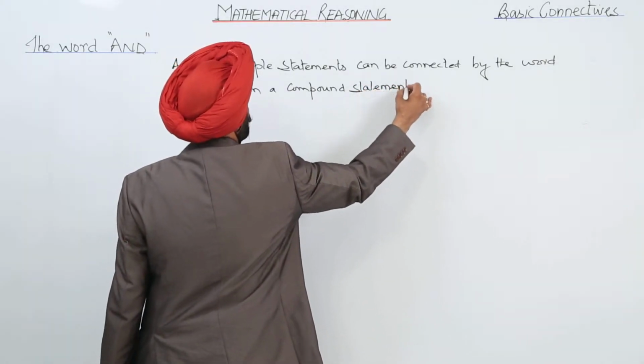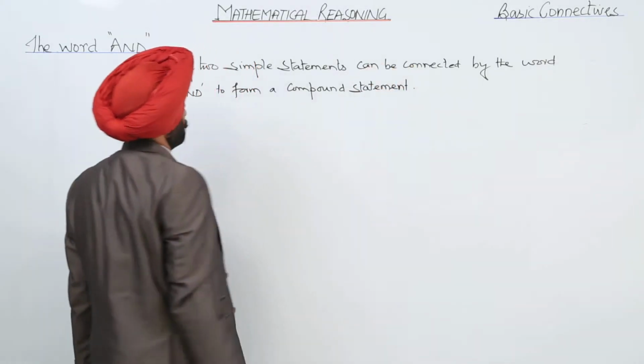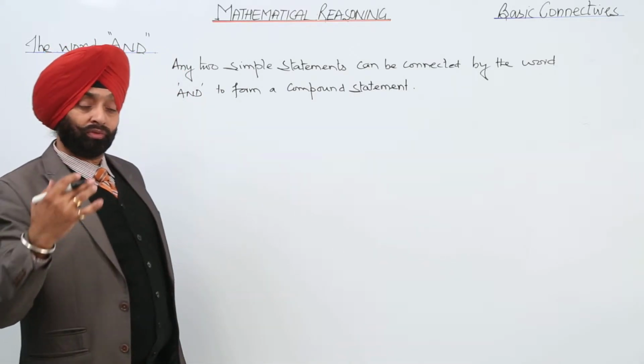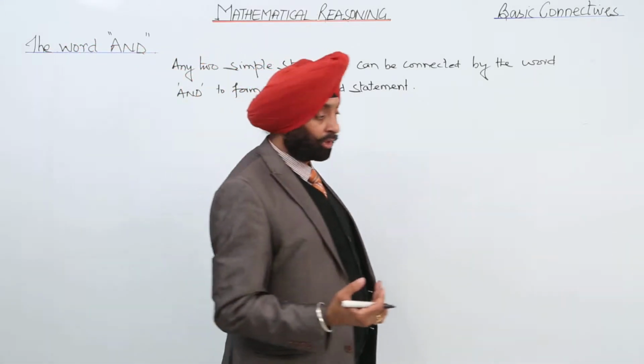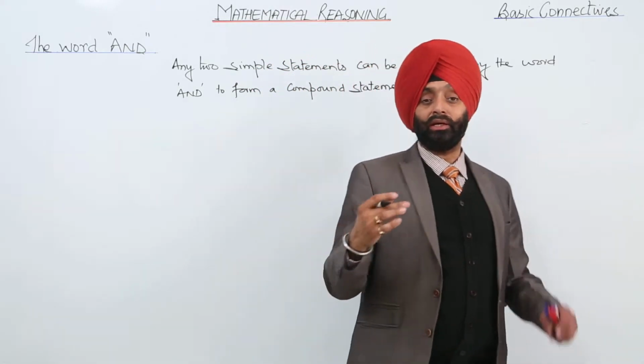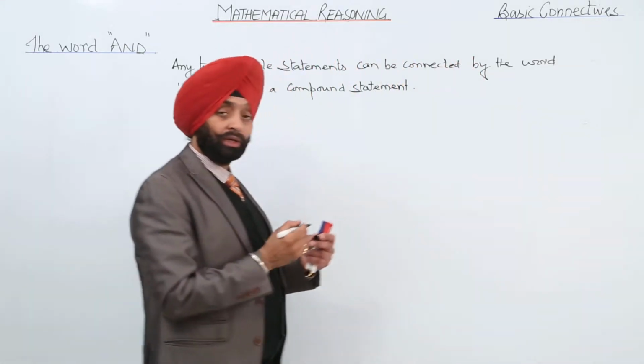Now this we have already done, that is the difference between a simple statement and a compound statement. What we are discussing now is a little bit more depth for the word and.